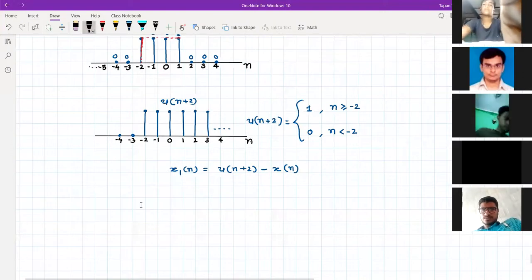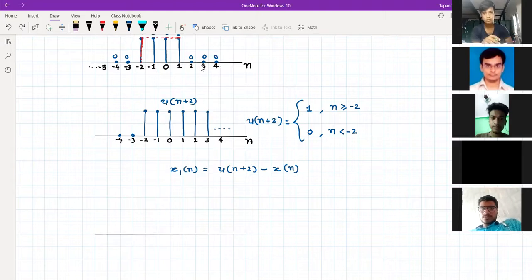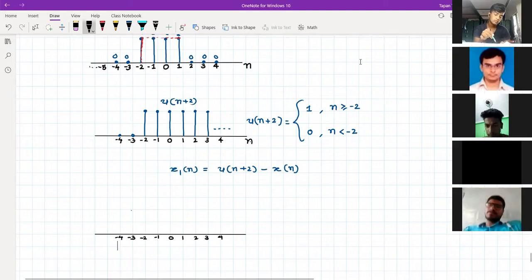Now you will construct the next function here. And once again you will get 0, 1, 2, 3, 4, minus 1, minus 2, minus 3, minus 4. Now look at the original signal and look at the revised result.